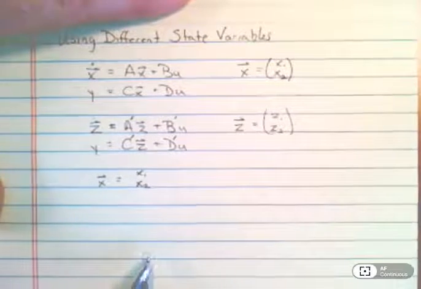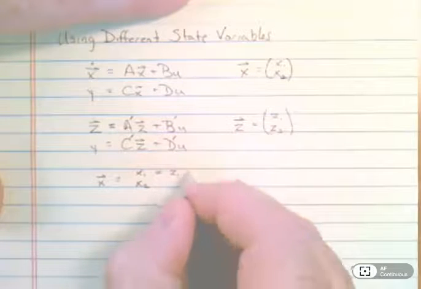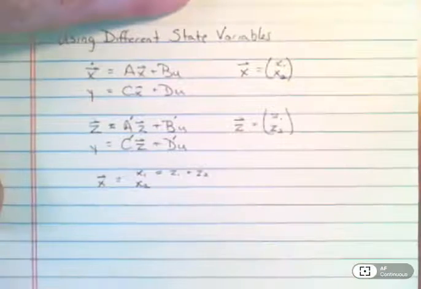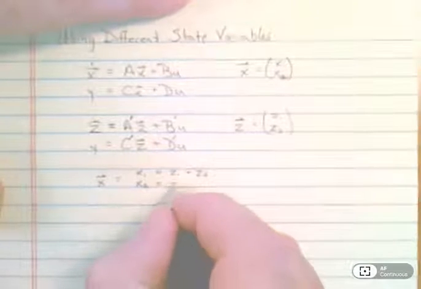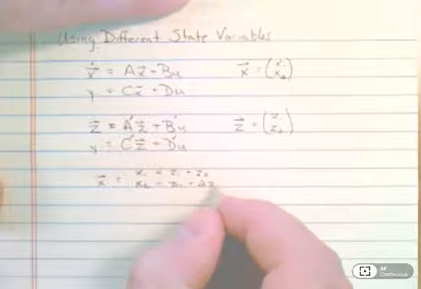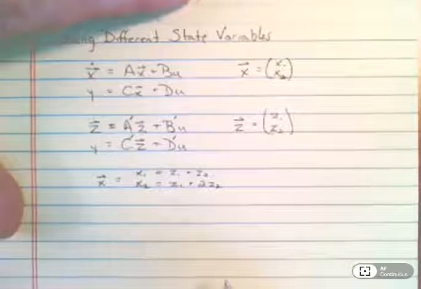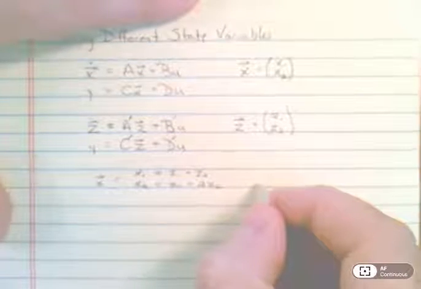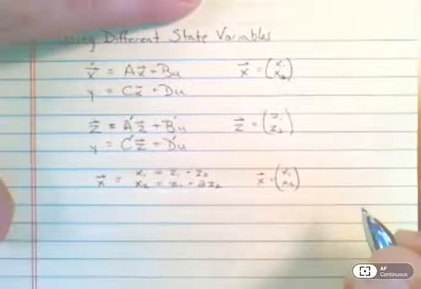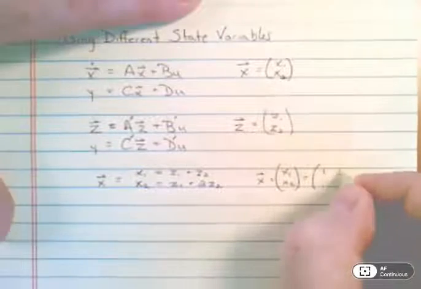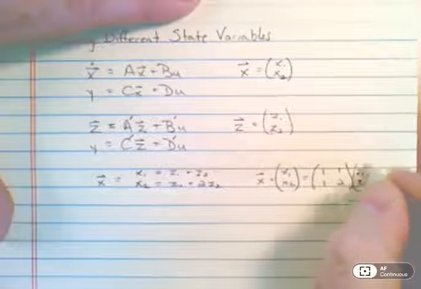So let's assume, just for the heck of it, that x1 was equal to z1 plus z2, and that x2 was equal to z1 plus 2 times z2. Then I could factor out the z1, z2 state vector, and I would wind up with x the vector, which is x1, x2, equals [1, 1; 1, 2] times [z1, z2].